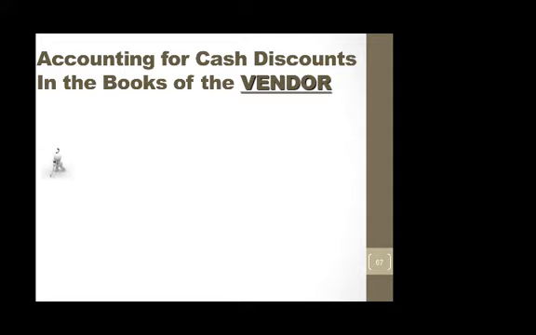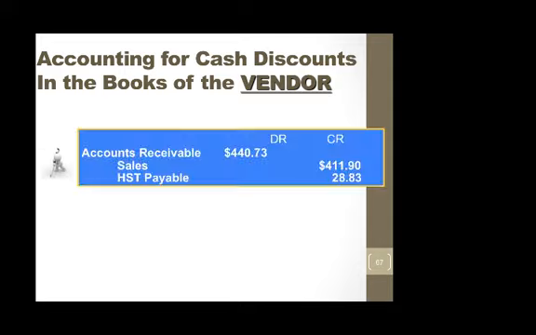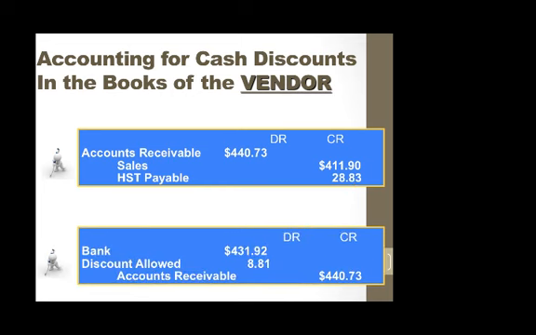Okay, let's talk about the books of the seller, so the vendor. Same invoice. They're expecting to receive $440.73 because they sold $411.90. They have the payable because they owe the money to the government. When they allow the discount, they use an account called discounts allowed. Okay, so that's going to be a debit for them because they're not collecting the full amount of cash.